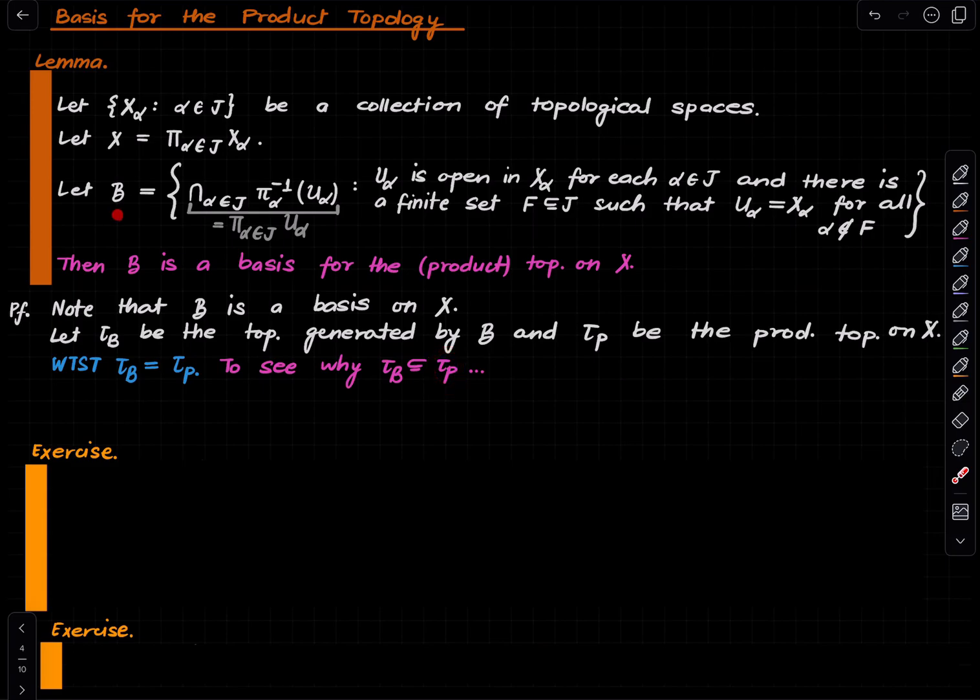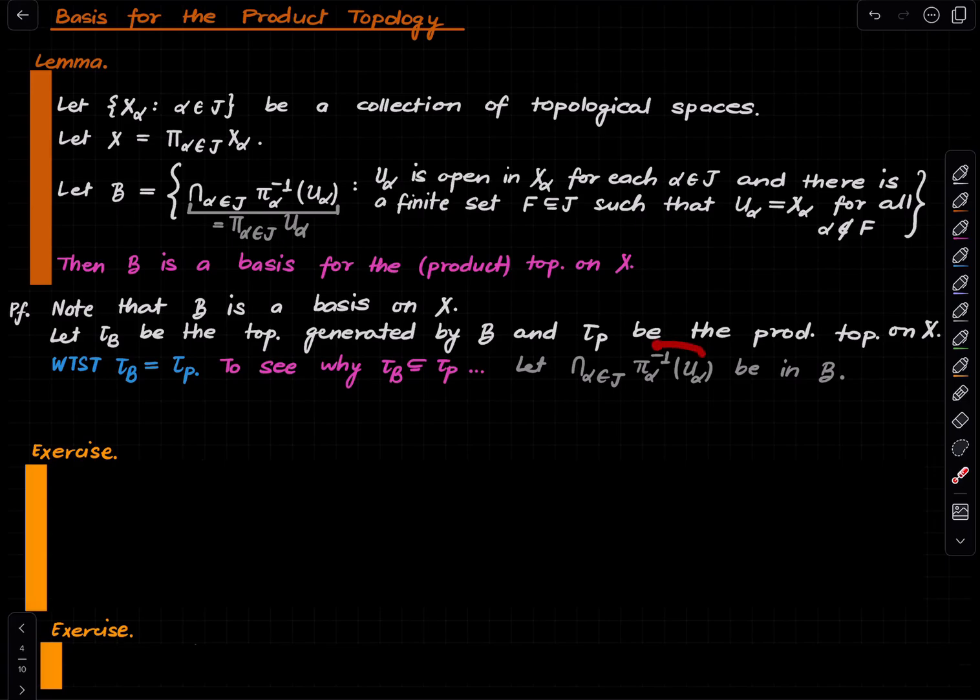So you pick an arbitrary basis element and just show that it is in tau P. And we have exactly the description of the basis elements. So suppose you pick a basis element, only finitely many of these U alphas are proper subsets of their parent spaces. So let, it's not something I wanted to do, but let me do it. So to see this, let this thing be in this guy.